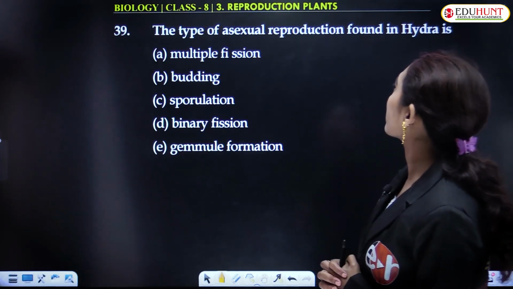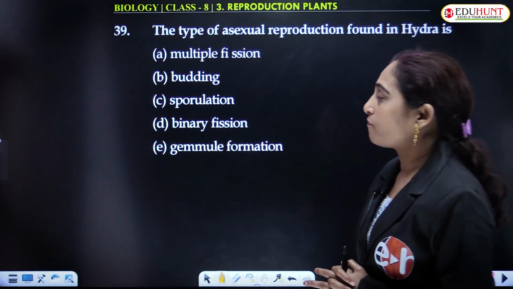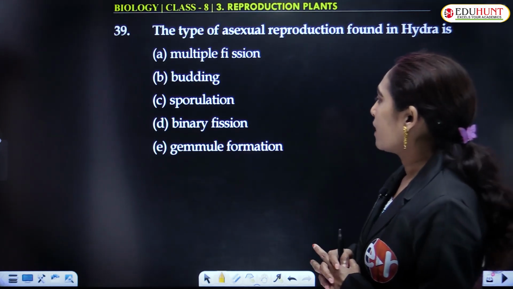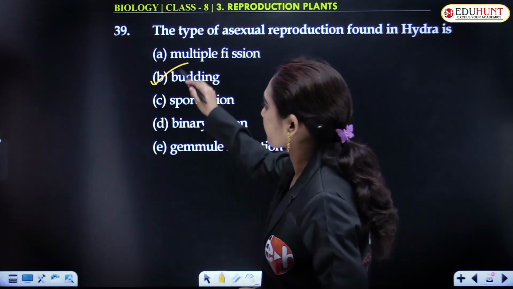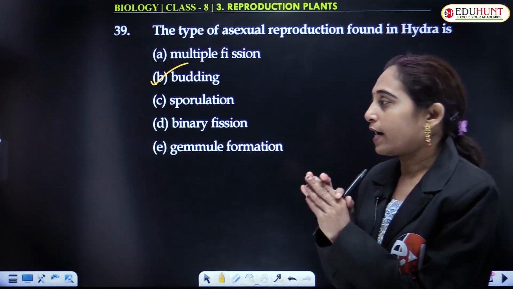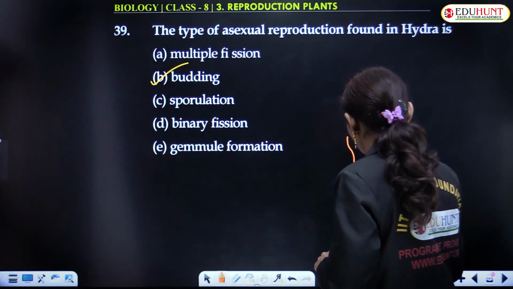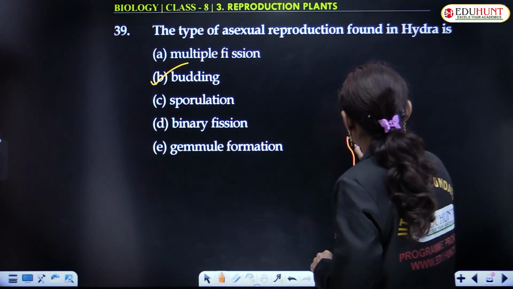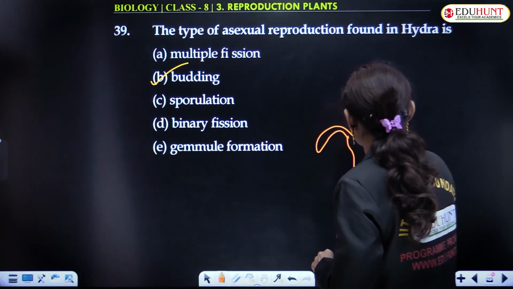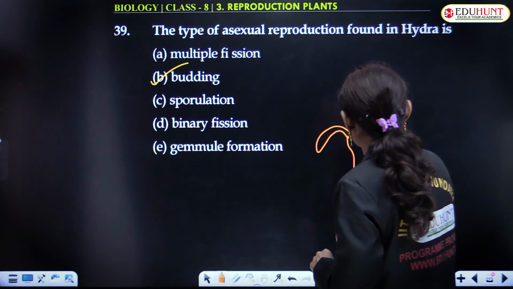The type of asexual reproduction found in hydra, it is budding. A small hydra will be like this with the tentacles.